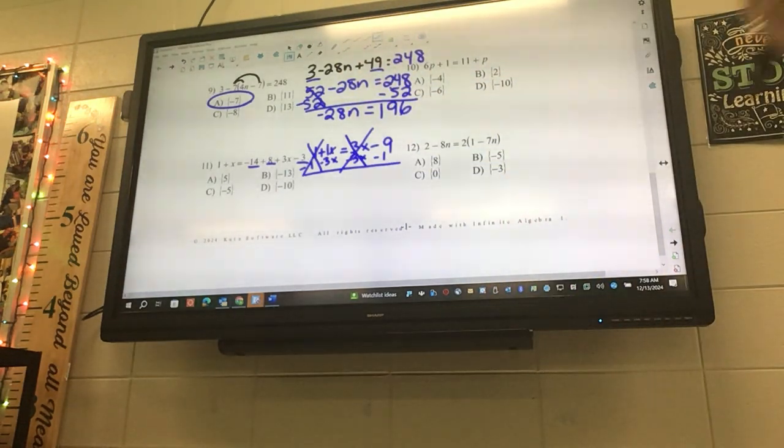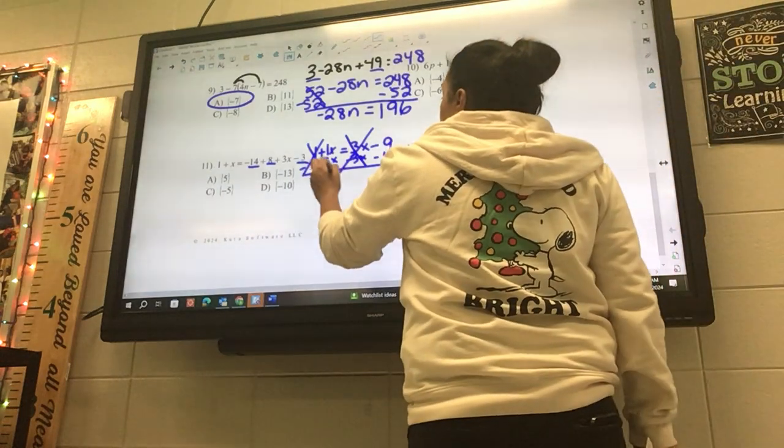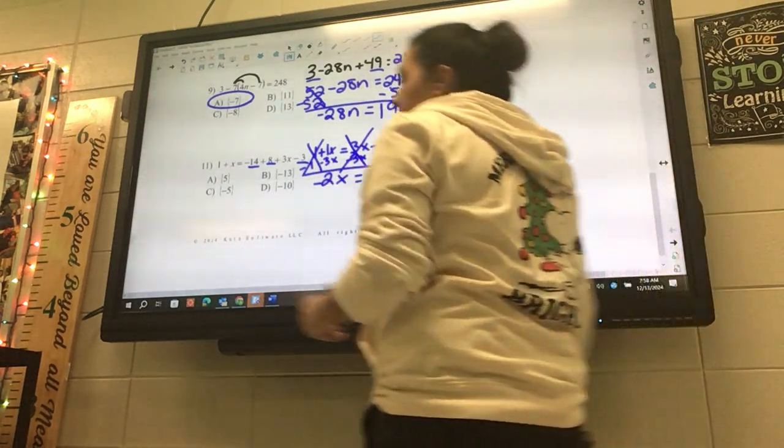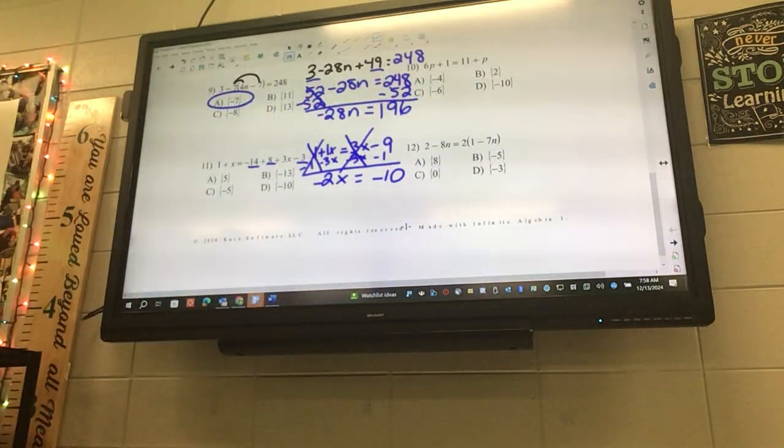Okay, so 1 minus 3 is going to be negative 2x. And then negative 9 minus 1 is going to be a negative 10. What would our next step be? Divide by negative 2. So negative 10 divided by negative 2 is a positive 5.